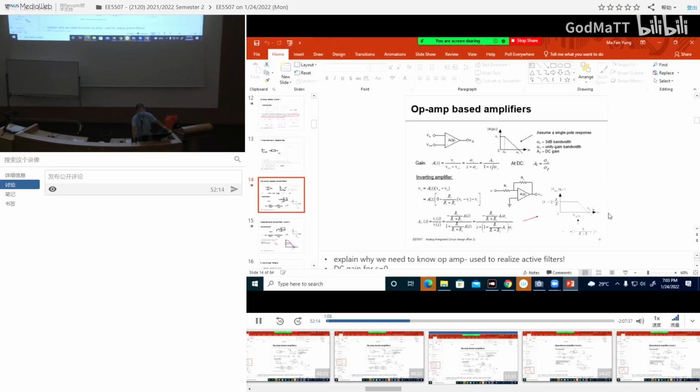Okay, so that's how you analyze it. For an op-amp with a real gain, this is how you analyze it.